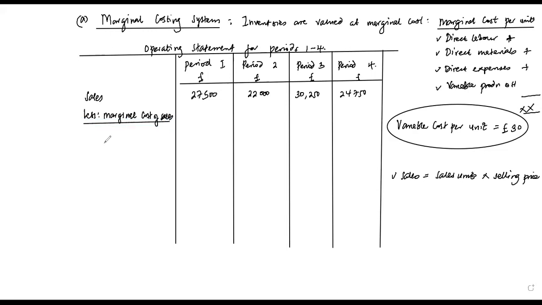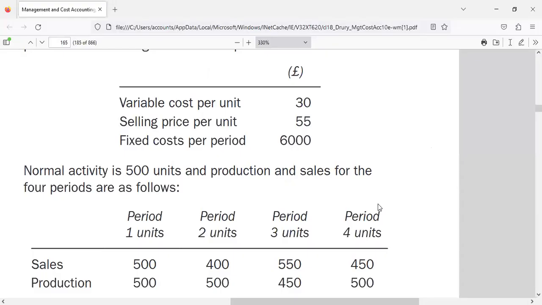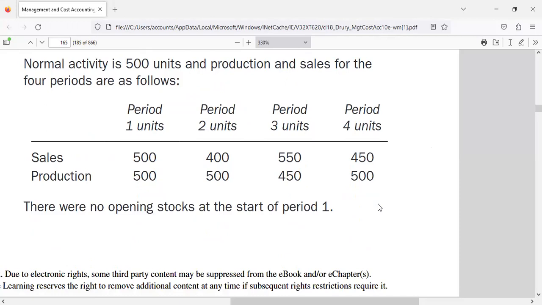Under the marginal cost of sales, we start with the opening stock. Opening inventory, and in period 1, there was no opening inventory according to the question. And take you back, and you see that there were no opening stocks at the start of period 1. So in period 1, no opening stock.